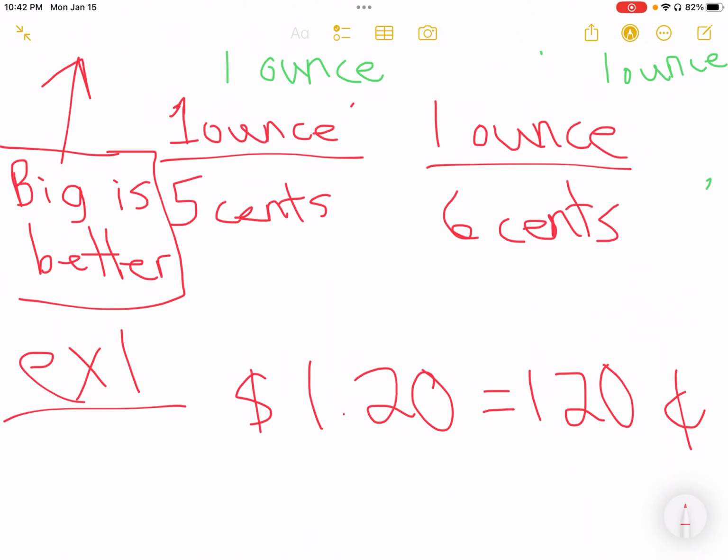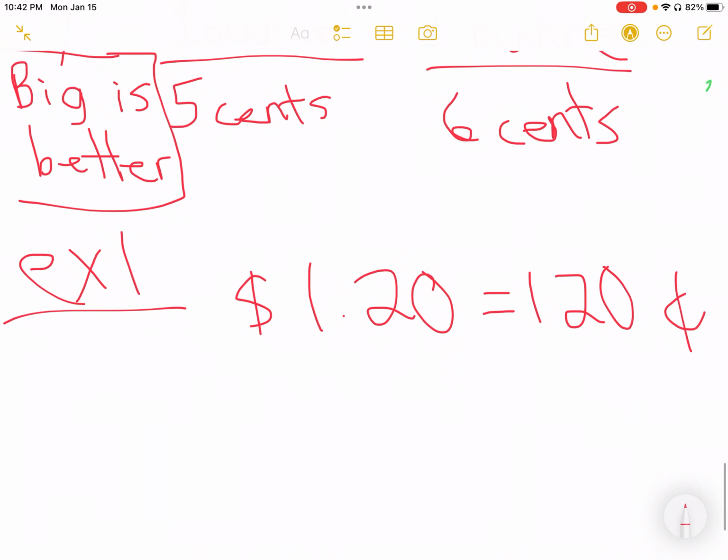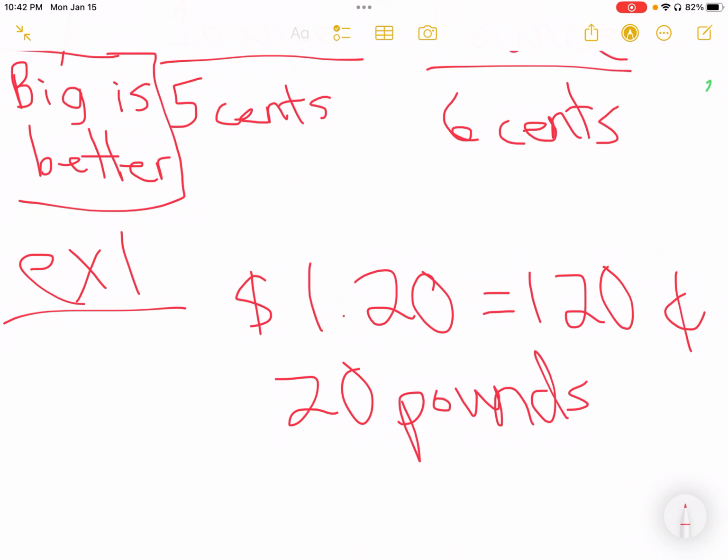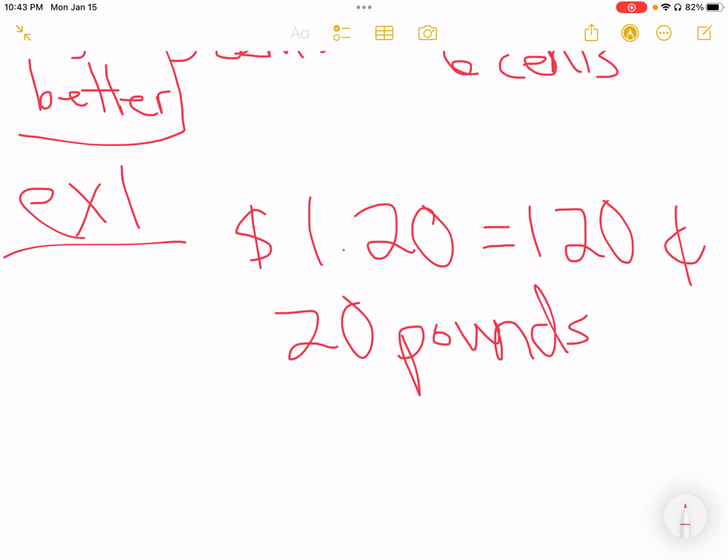So 120 cents, and they said 20 pounds of beans, okay, 20 pounds. That's a pretty good price there, right? Then we could say something like this. We could say either one of these, right? We could say 120 cents, 20 pounds.